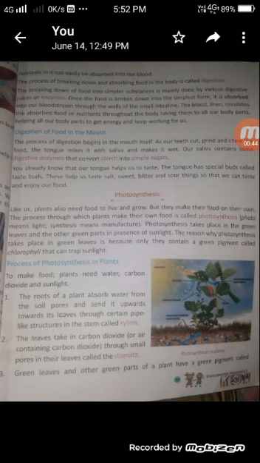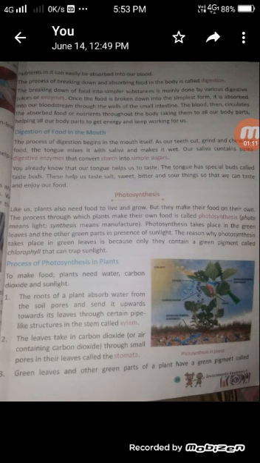The breaking down of food into simpler substances is mainly done by various digestive juices or enzymes. Once the food is broken down into the simplest form, it is absorbed into our bloodstream through the walls of the small intestine.